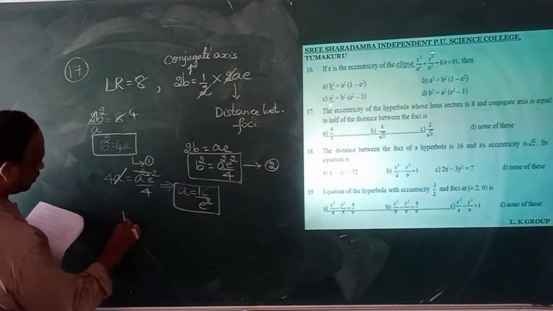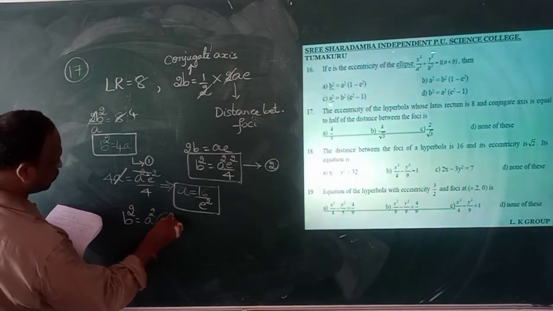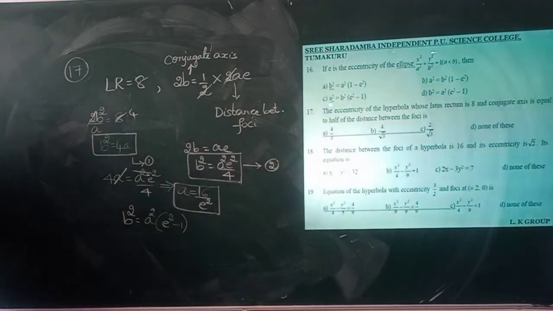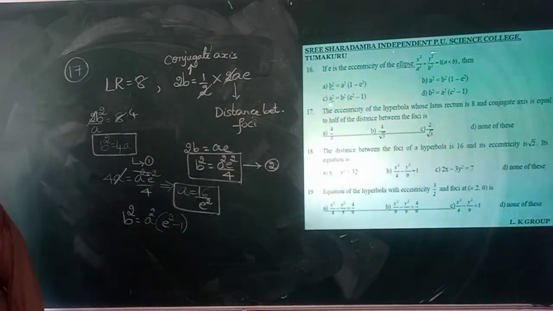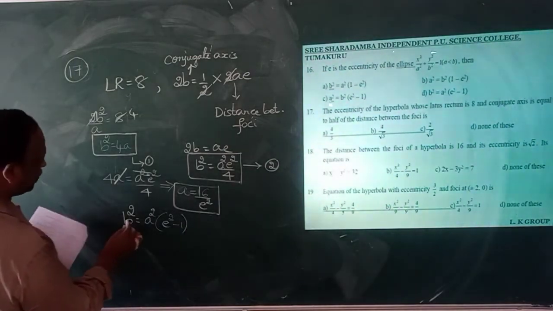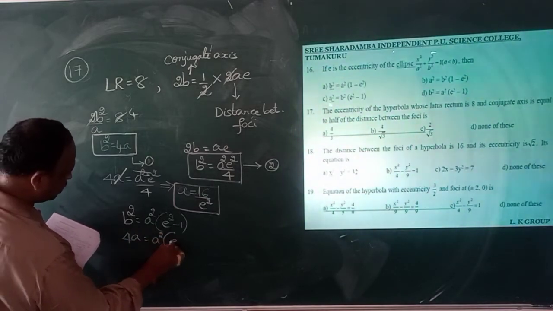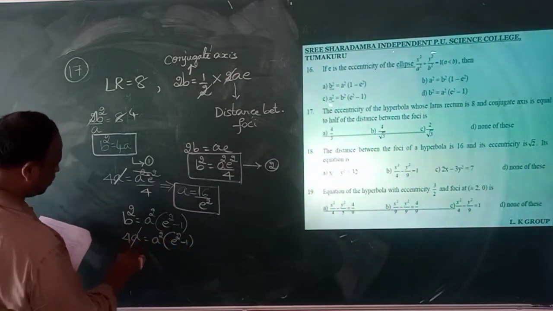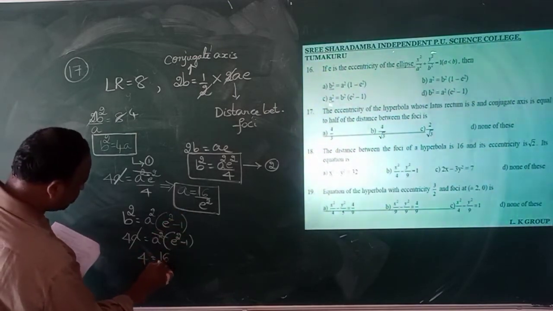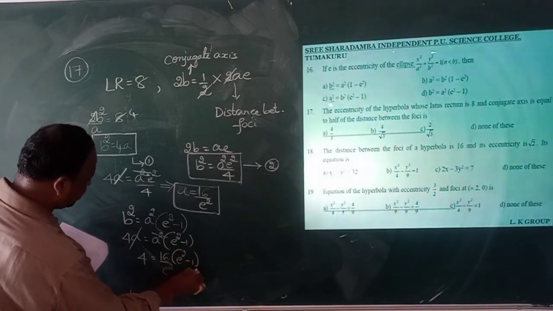We know that b square is equal to a square into e square minus 1. This is for the hyperbola. Substitute in this: b square is 4a, so a square into e square minus 1, a gets cancelled, 4 is equal to a, and again the a value is 16 by e square, minus 1.